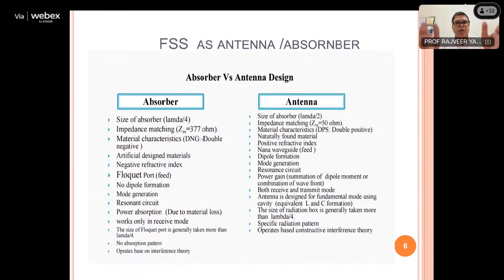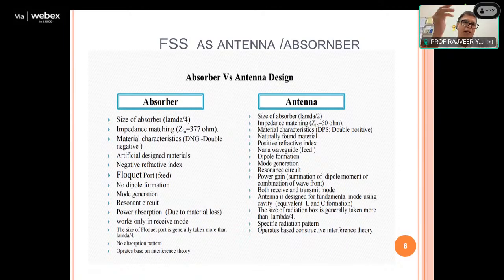This is a very important slide. I have made a clear demarcation of how the absorber design parameters differ from the antenna. As I already said, you can use these frequency selective surfaces for both purposes. You can design an absorber, and you can design an antenna using FSS.